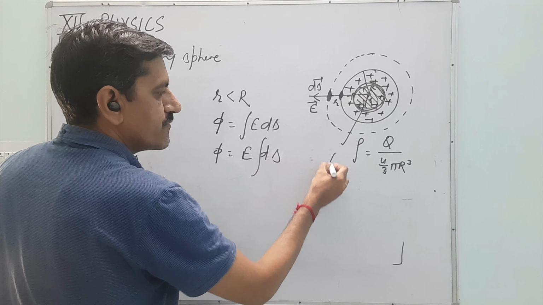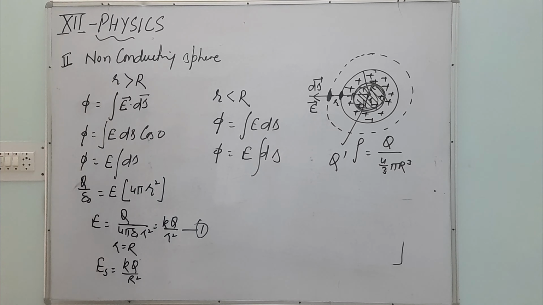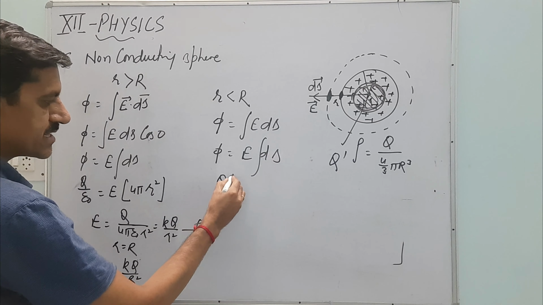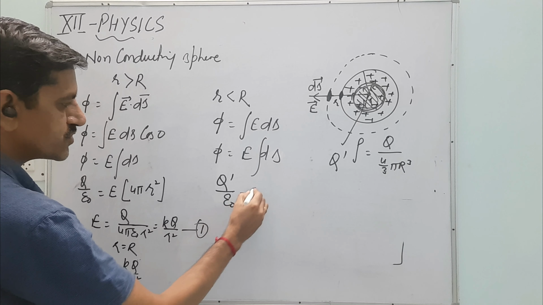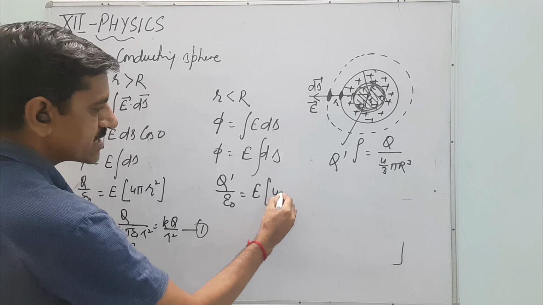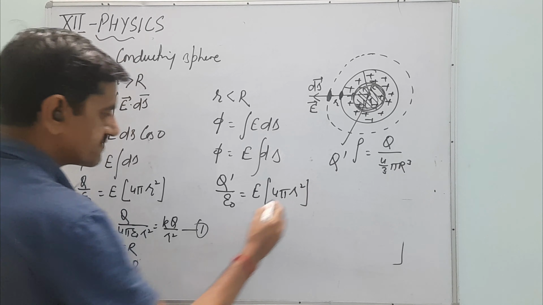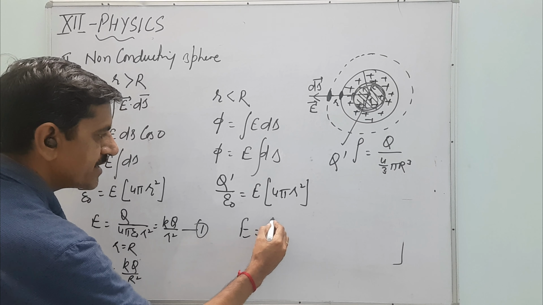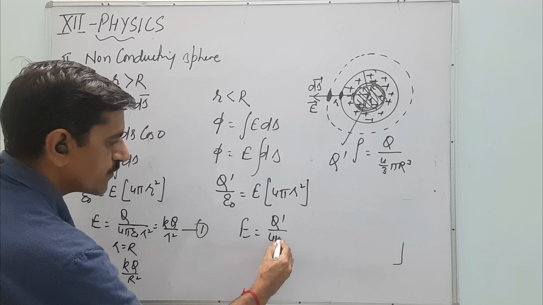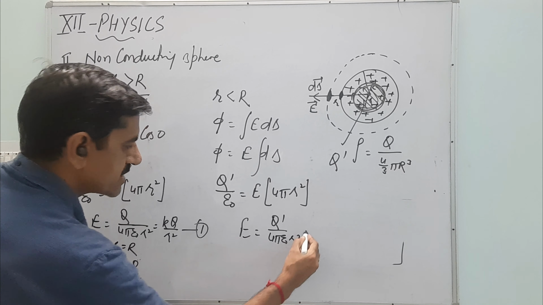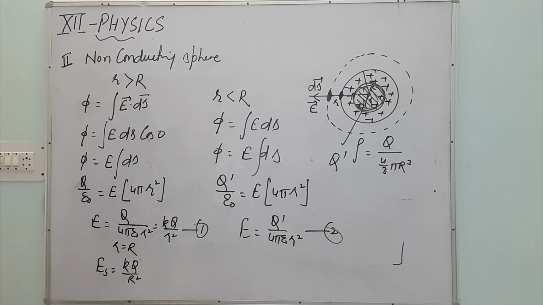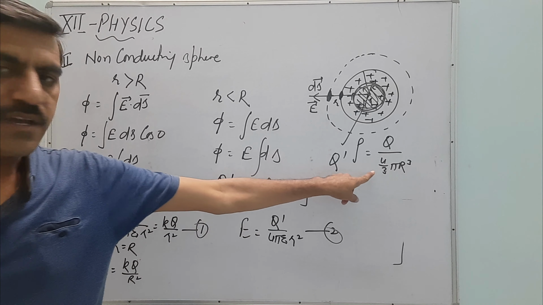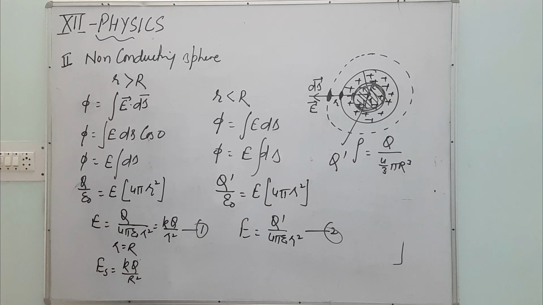It encloses somewhat less charge, let me call it Q dash. So by Gauss's law, Q dash by epsilon 0 equals E times 4 pi r square. Now E is Q dash upon 4 pi epsilon 0 r square. In order to find this Q dash, we'll use the concept of uniform charge distribution.